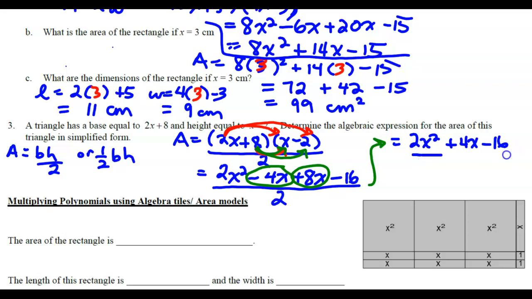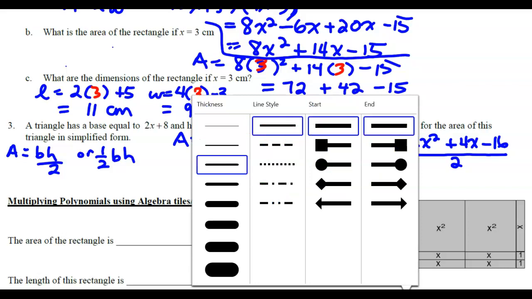This is another case in this unit where you have to be good at your integers. And now we're dividing by 2, so we still need to simplify. If you take a look, every term there has an even coefficient, so 2 goes into every term. Sometimes I'll show you what I do.